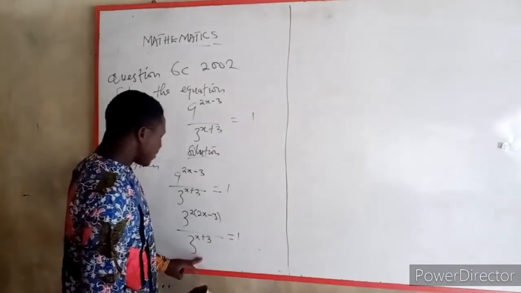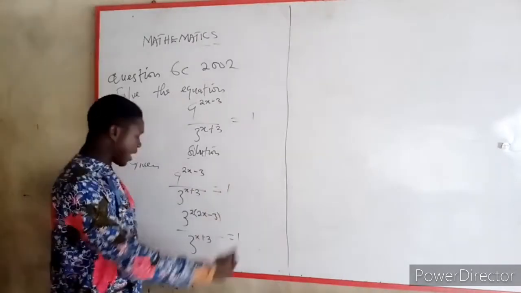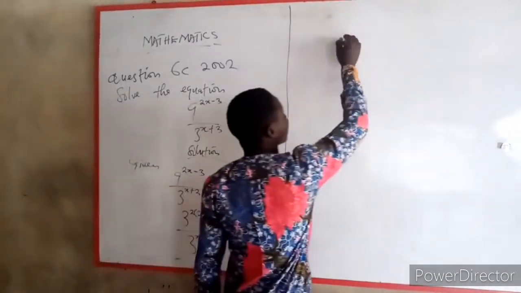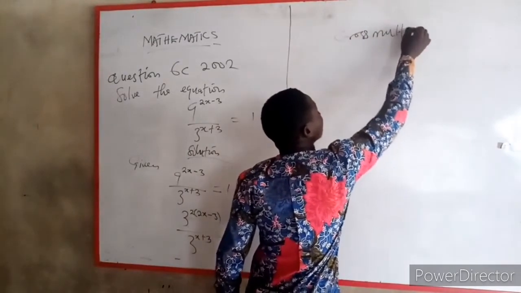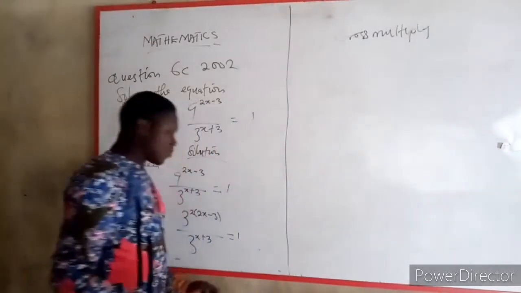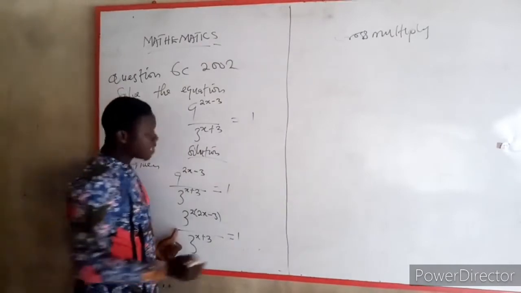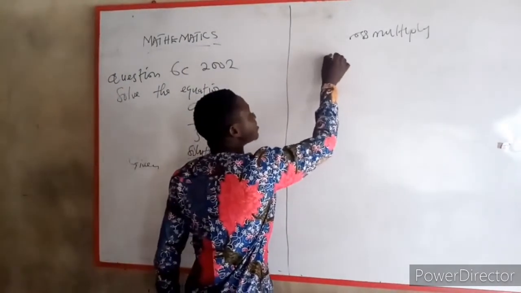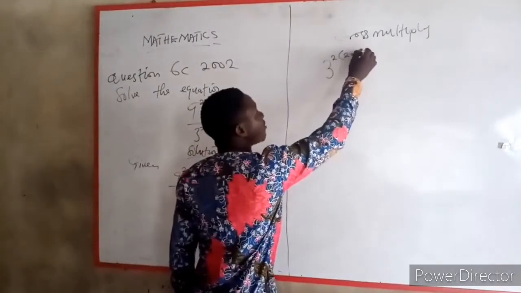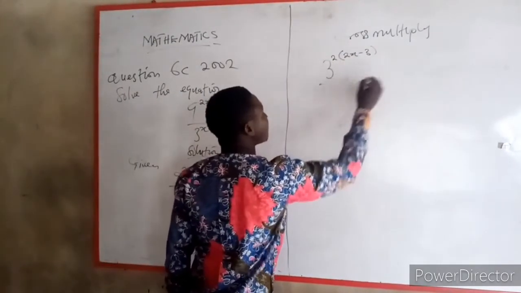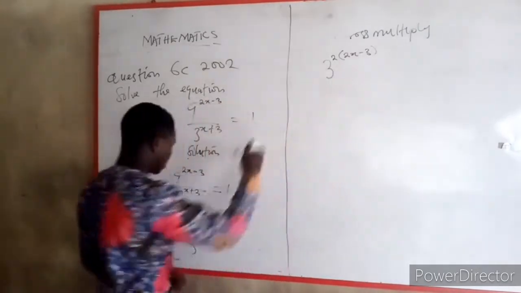Now the next thing I will do is cross multiply. That will give me 3 raised to the power 2 into 2x minus 3, okay, sorry, we are cross multiplying, so it will go this way.